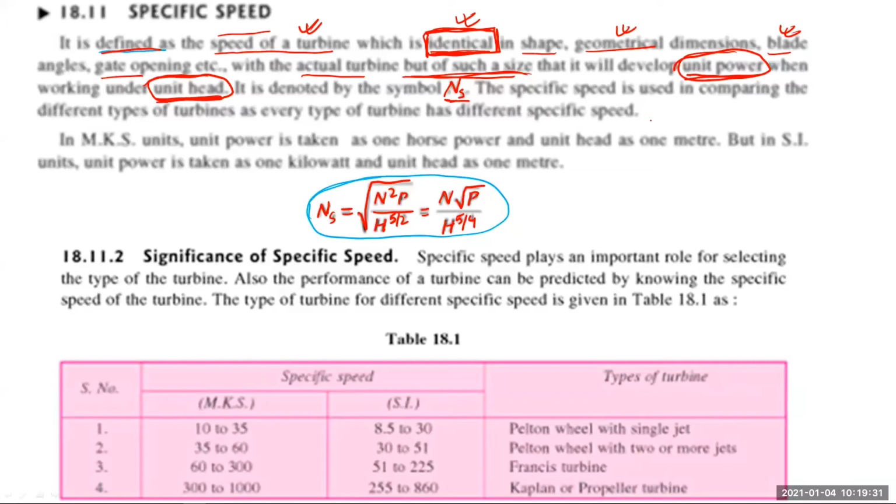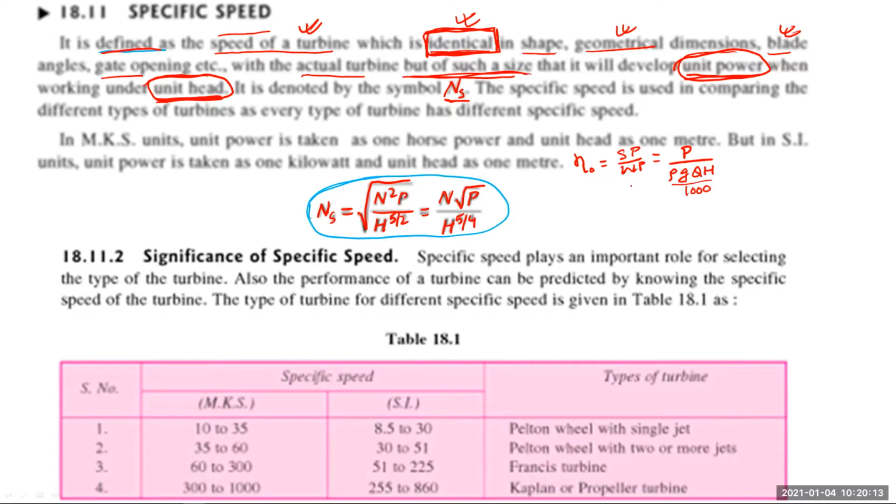Now I will give you a short glimpse of how this expression is coming. We all know that overall efficiency equals your shaft power upon water power. Shaft power is generally given in the numerical. Shaft power is the power developed at the output of the shaft, and that will act as an input to your generator. So we can write this as your P. And water power, we know that it is given by rho into g into Q into H divided by 1000.